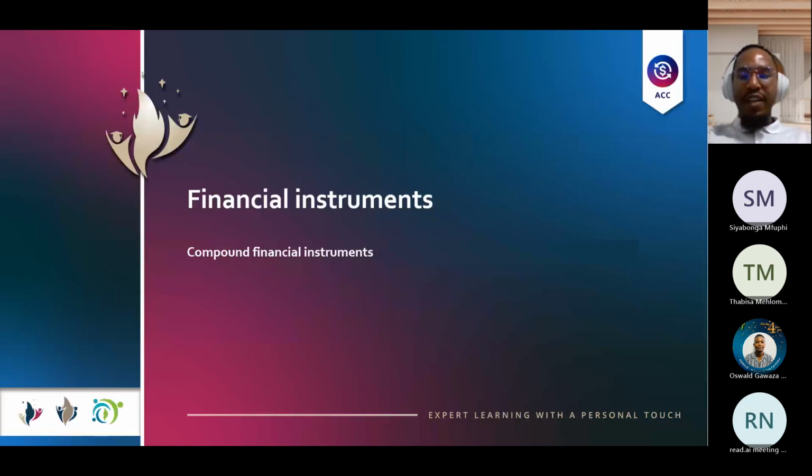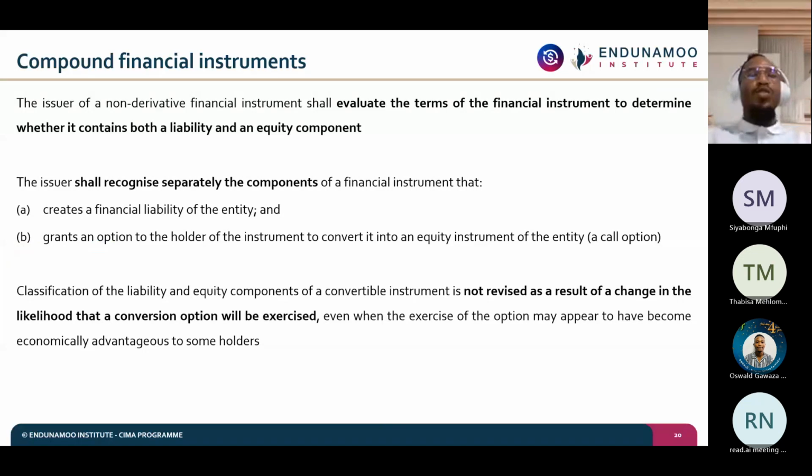All right, great. Now coming to compound financial instruments. If you are an issuer of a non-derivative financial instrument, you have to always evaluate the terms of that financial instrument to determine whether it contains both a liability and an equity component. And the standards then tell us that as an issuer, you have to recognize each component separately.